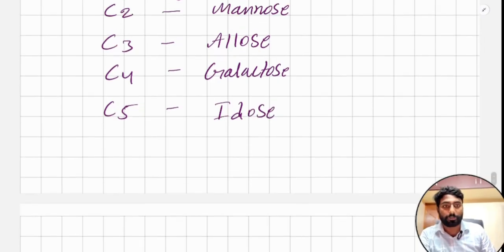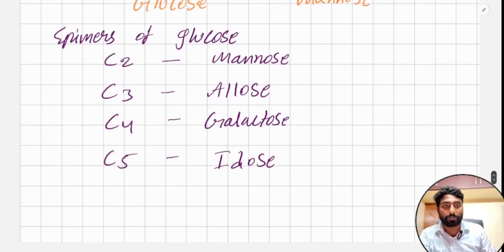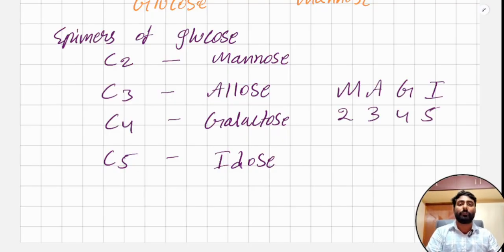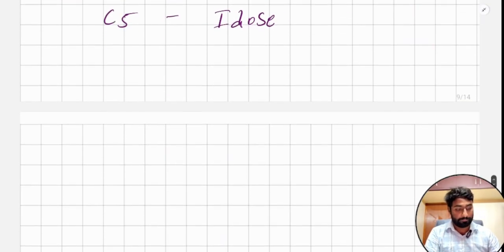You can remember with a mnemonic, Maggie, MAGI. Write down the numbering 2, 3, 4, 5. Got it, students? C2 is mannose, C3 is allose, C4 is galactose, and C5 is idose. Clear?